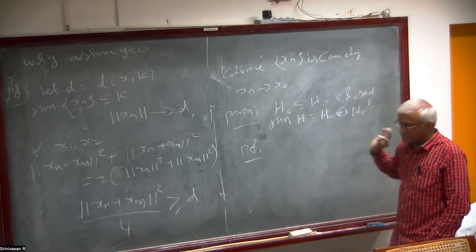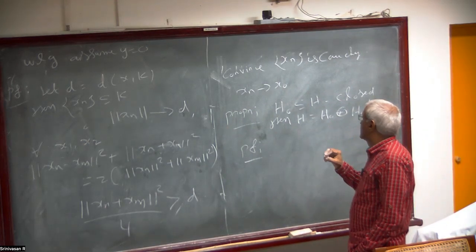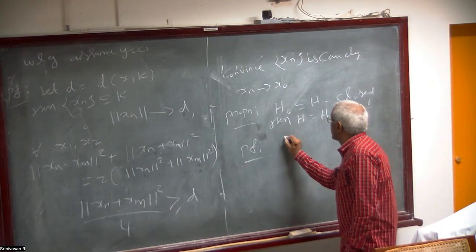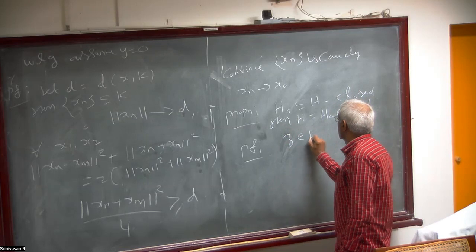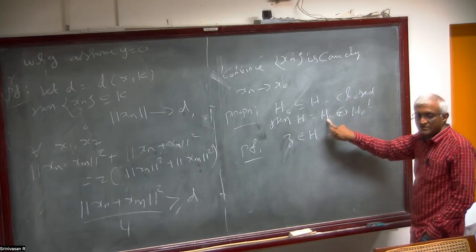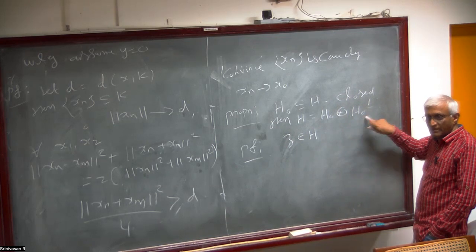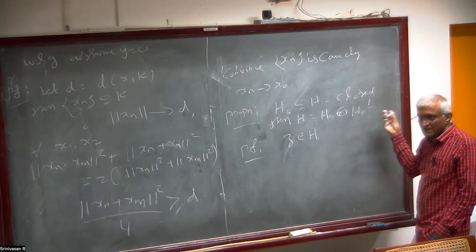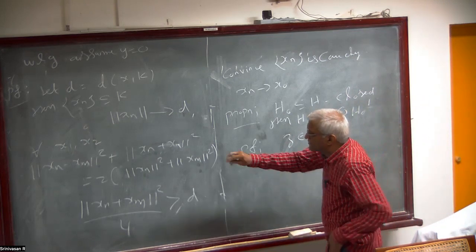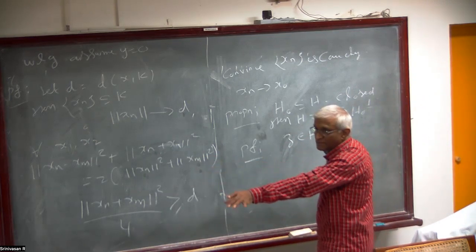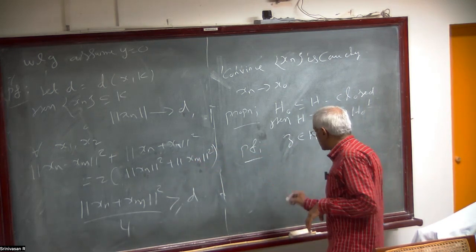So if you choose a z in H, I have to produce an x from H naught and something orthogonal to this, some x perp in H naught perp, so that z is equal to x plus x perp. So this is what is called the nearest element in the subspace. If this x naught is the nearest element for this one, that is how you will do this.